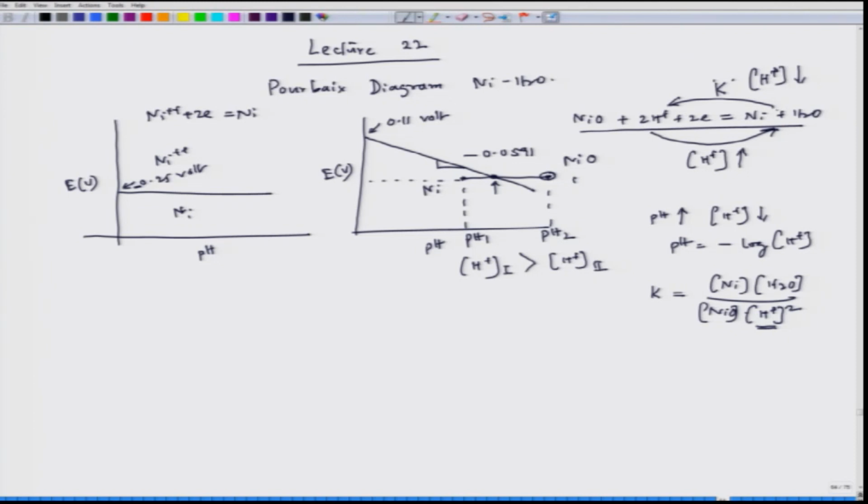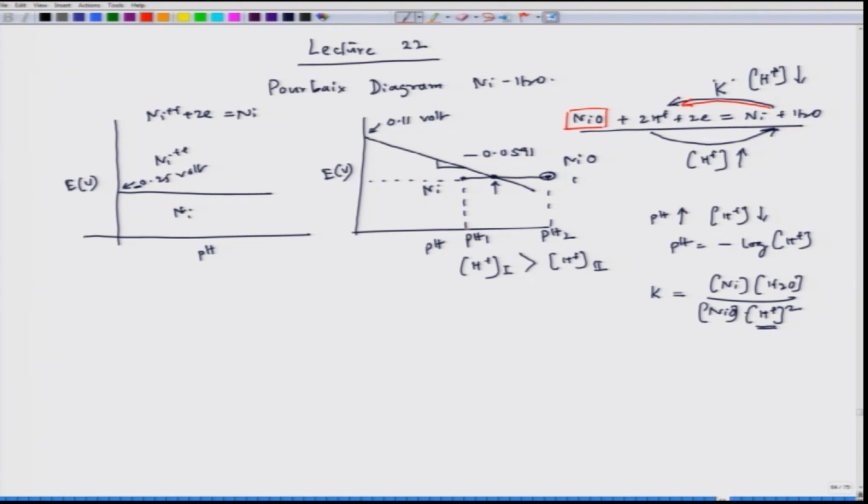So, of course, then the reverse reaction should take place. So, that time nickel should get oxidized to form nickel oxide. So, that means this side definitely should then be NiO.